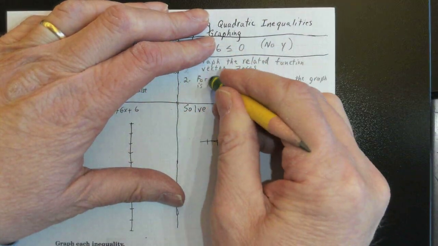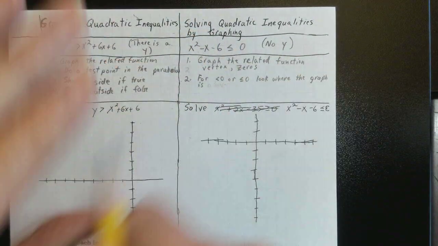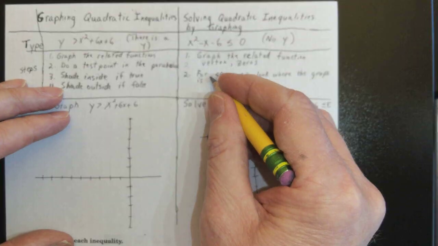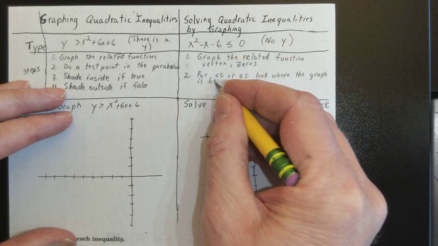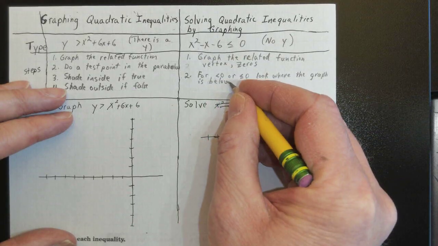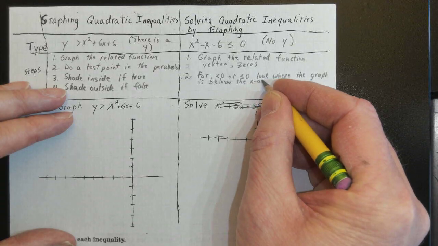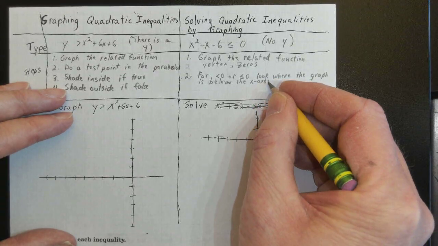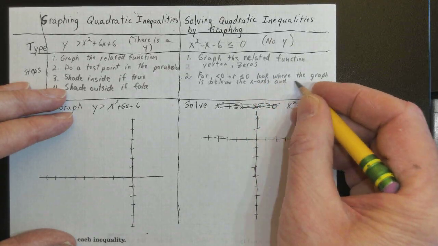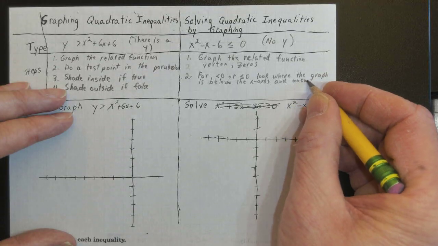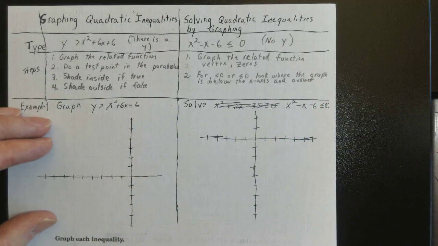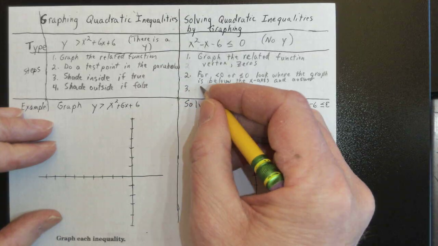No, I said less than, right? So what should I say? Less than or equal. Look where the graph is below the x-axis. That's our 0 line. And answer based on that.